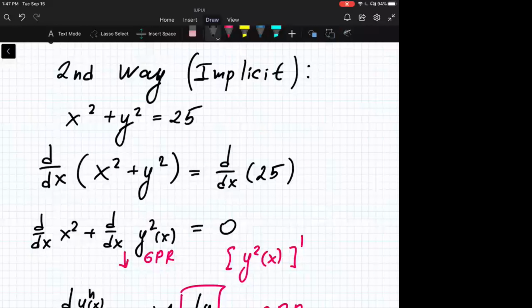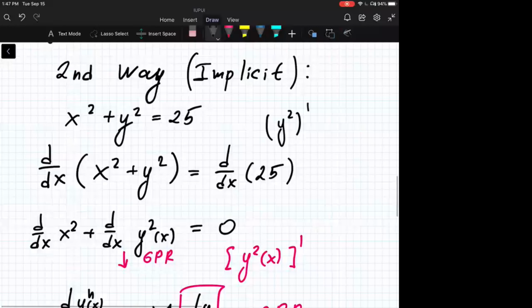And when you differentiate, you should remember that y is a function of x. So you cannot write that the derivative of y squared is just 2y. No, because you differentiate with respect to x. You should add y prime here, and then it becomes a correct equality.